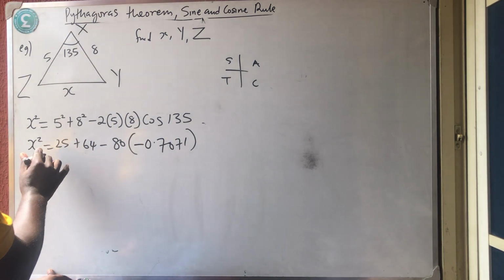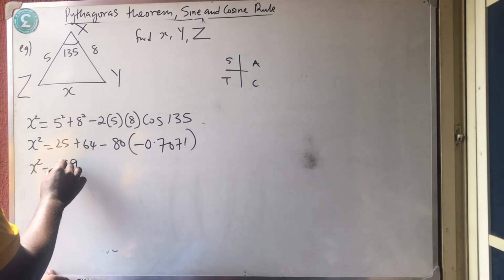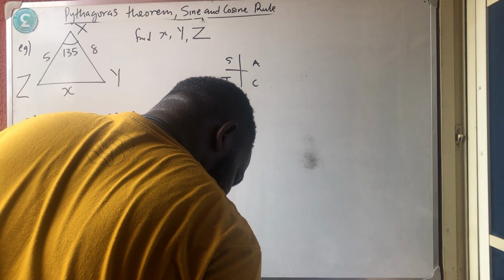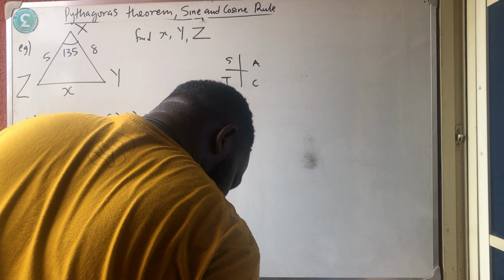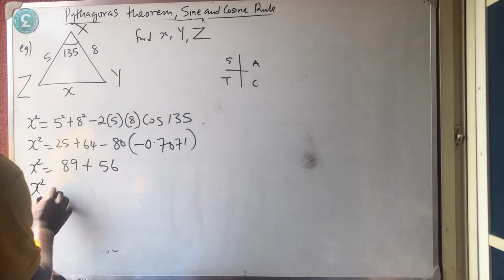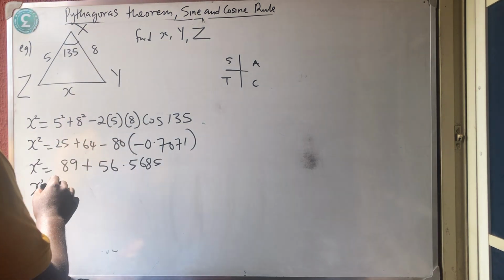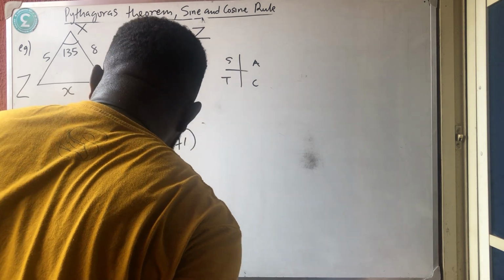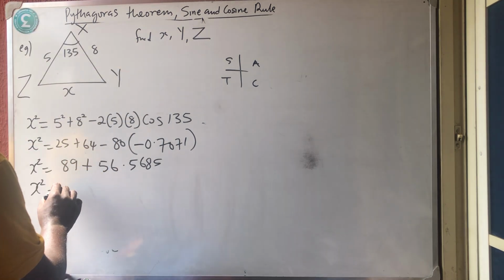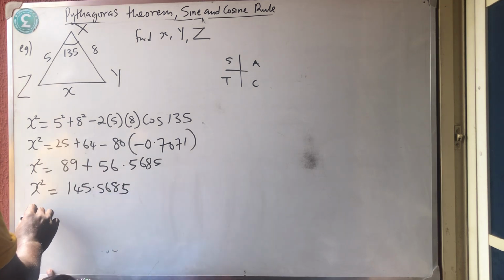So I'm having x squared is equal to 89 plus, because minus times minus is plus, 80 times 0.7071. Let me times it by 80. So I have 56.5685. Let me add this to 89, so I'm having 145.5685.